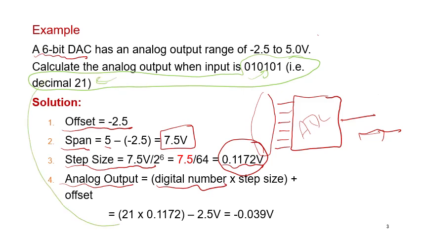So it's going to be substituted here: digital number multiplied by the step size, minus the offset, equals minus 0.039 volts. So when this input comes here, this output will be shown at the output of the converter.